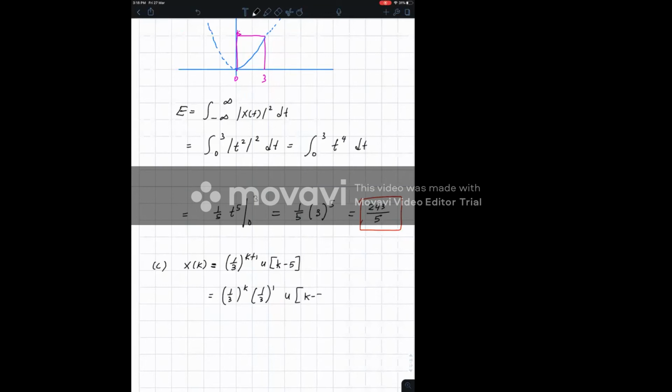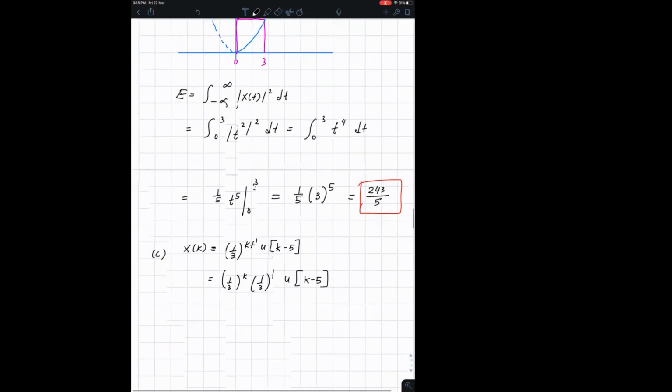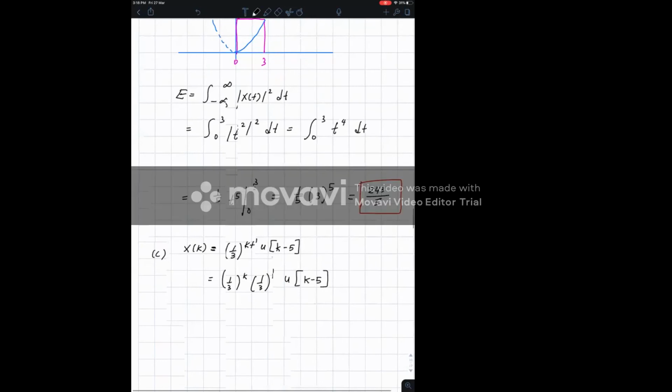In that way, you can separate the constant terms from the k-dependent term. So you can pull out the 1/3 and put together all these k-dependent terms.